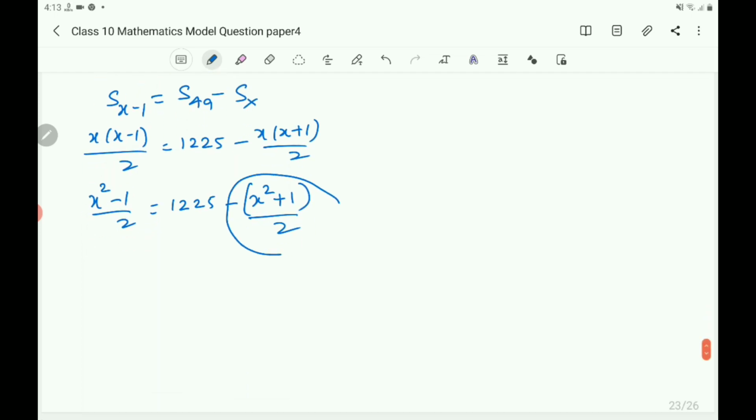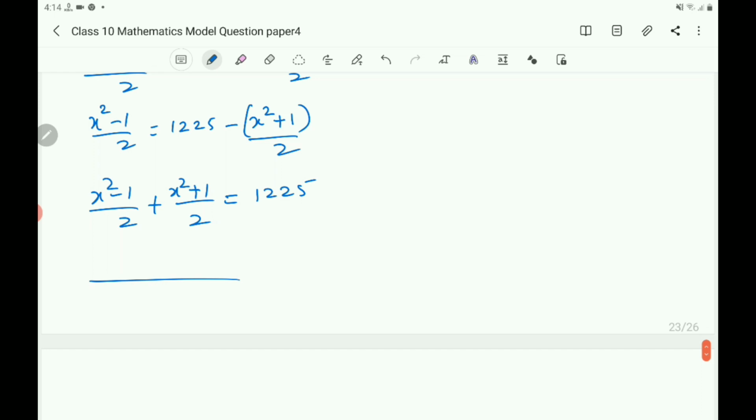Now shift this to the LHS, then it becomes (x square minus x) by 2 plus (x square plus x) by 2 equals 1225.